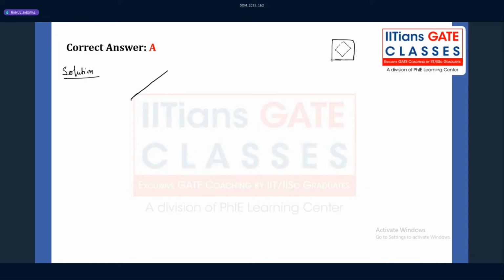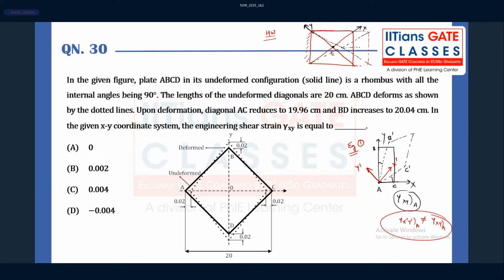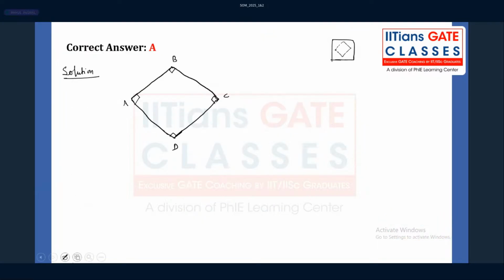Assume there are 90-degree angles at each and every point of this particular rhombus section, where the naming is given as A, B, C, D. After distortion, after application of these shear loads, what is happening? It is getting distorted, something like this.